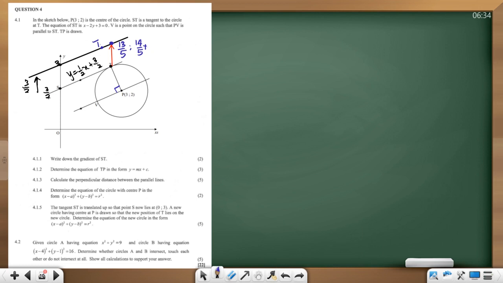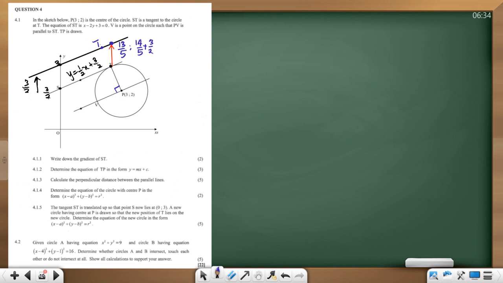Like I said, this question is a bit ambiguous in terms of the language used, because they could have specified that the new line is not a tangent, because if we move that vertically, we could maintain that that line is also a tangent. Okay, so there are 2 interpretations to this question.